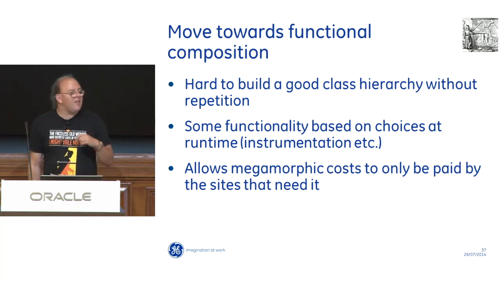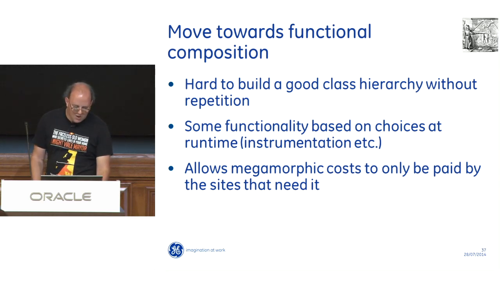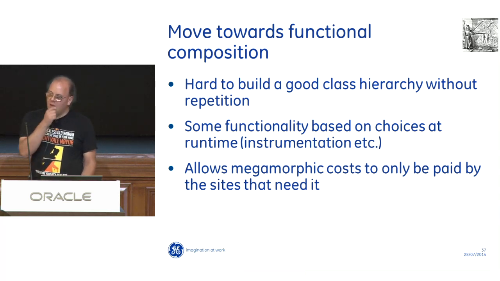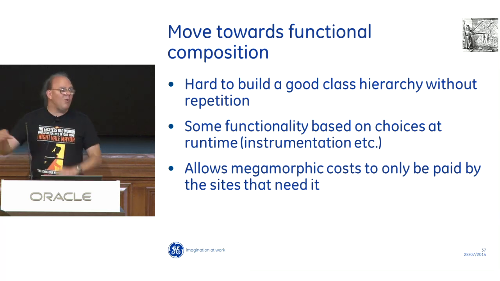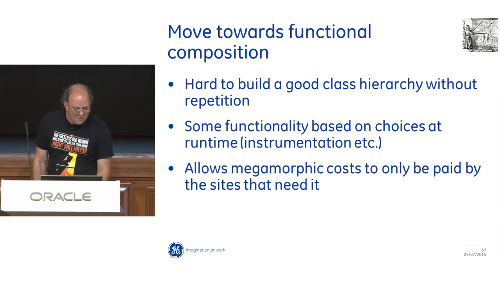But this functional composition model is allowing us to share a lot of code in useful ways and make it all quite readable. And we've decomposed all the stuff to do with dealing with megamorphic CallSites into separate parts so that it is a cost that only needs to be paid by the small number of CallSites that actually go megamorphic.